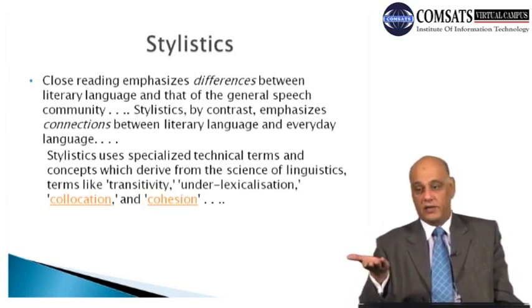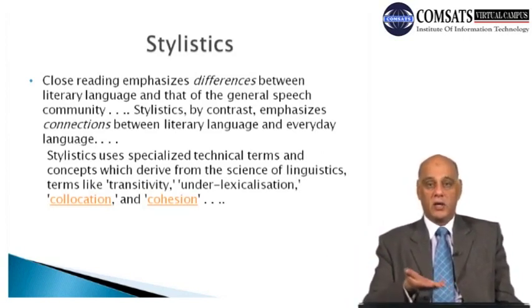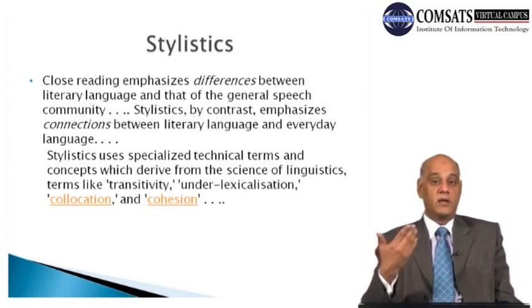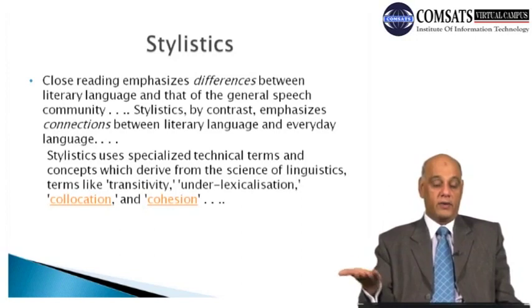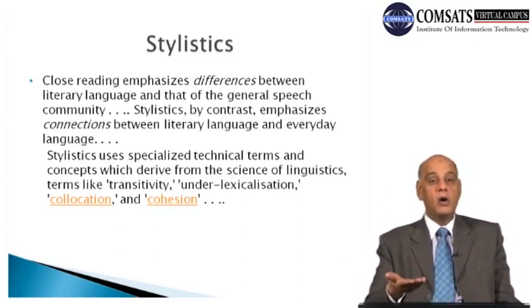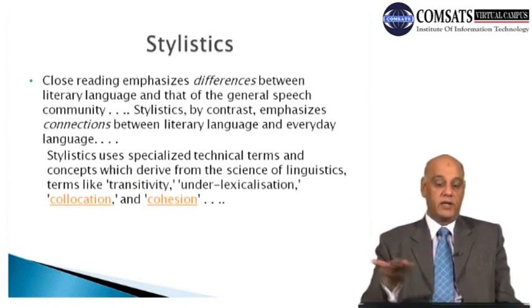These scientific terms are coming from the science of linguistics, and they are the terms you are employing to talk about stylistics. So here we see the difference between stylistics and close reading, and how you can identify the differences and the links between these two.